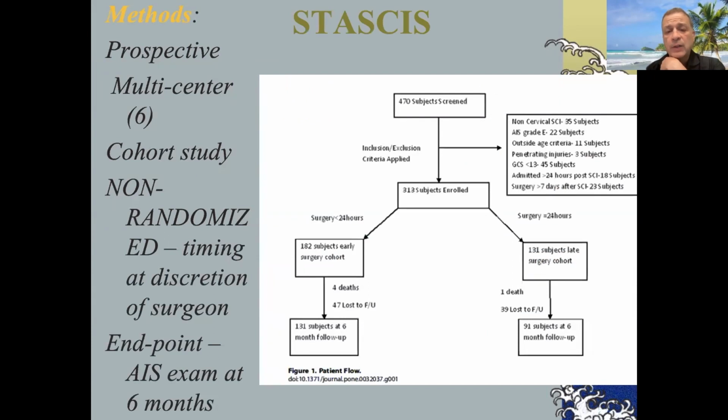And this is how the study was conducted. This was the screen. These are the enrolled 313. 182 went to early surgery, 131 went to late surgery, and then they looked at the outcome of these two groups. Again, remembering that this is non-randomized.